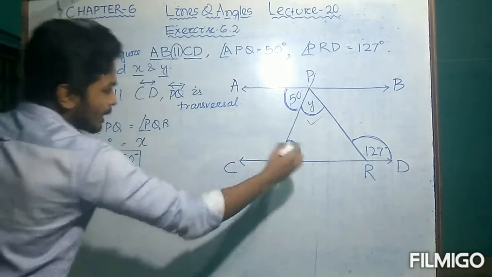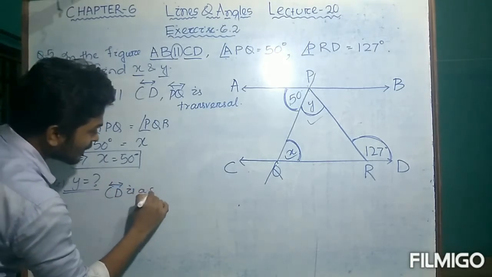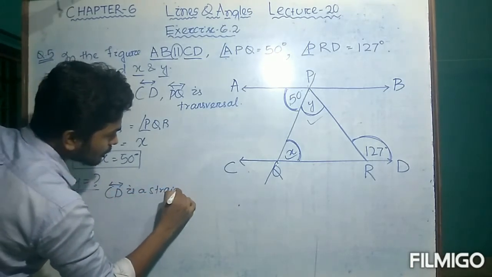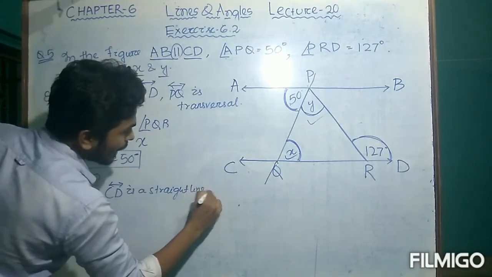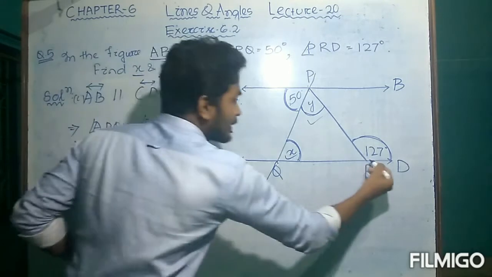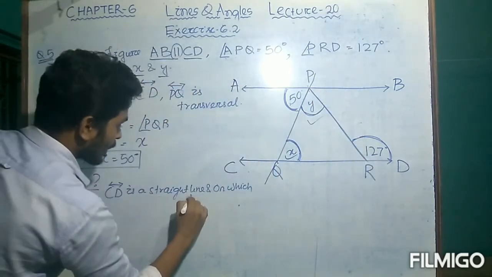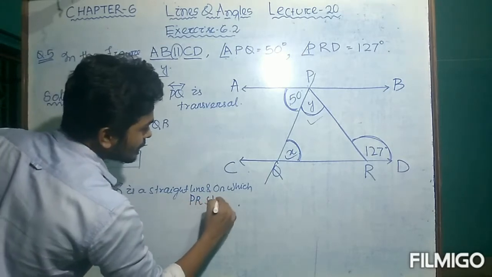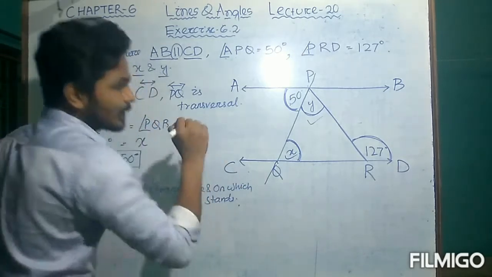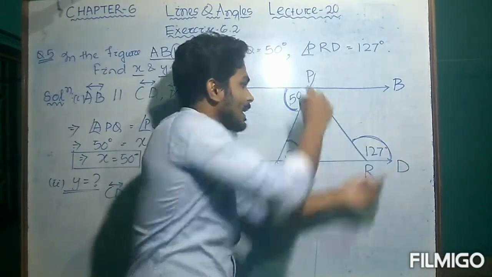CD is a straight line on which the ray PR stands.